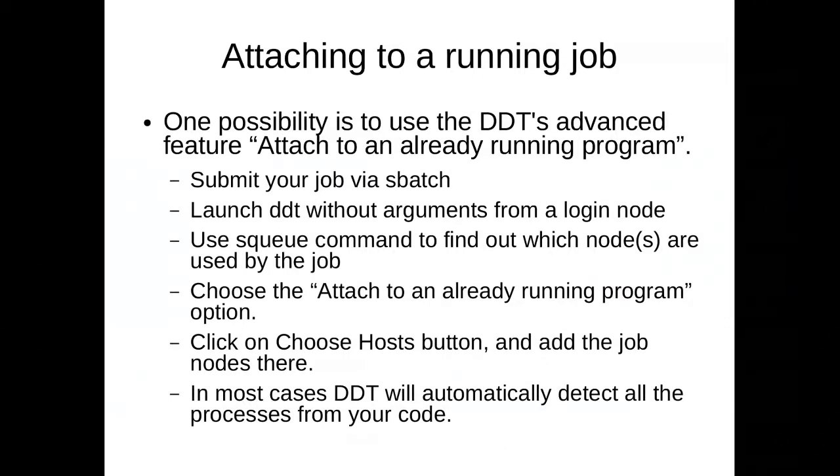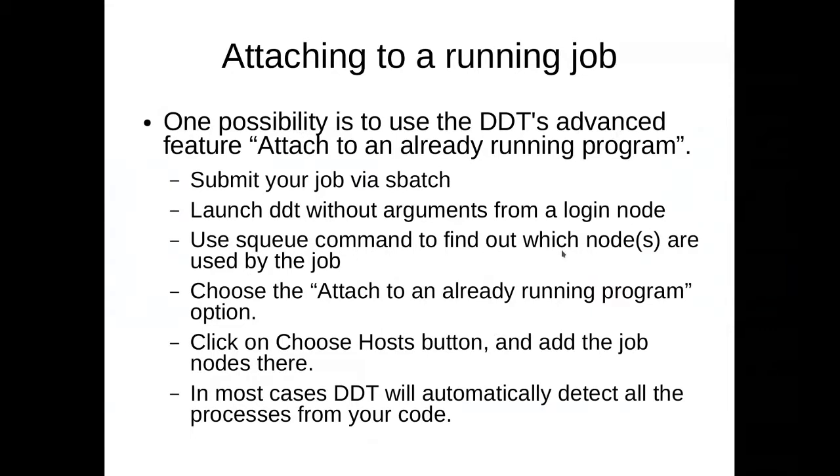Once it's running, you can launch DDT on a login node. Just say module load ddt-cpu, for example, and say ddt without any argument. And as I will show in a second, you can then see the option of attaching to a running job. It will need to know which nodes the running job is using, and you can get that information by running the sq command.